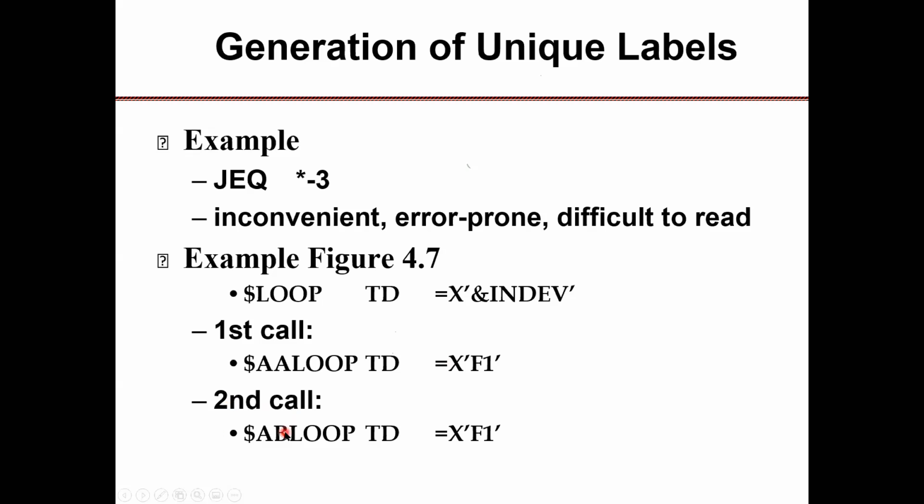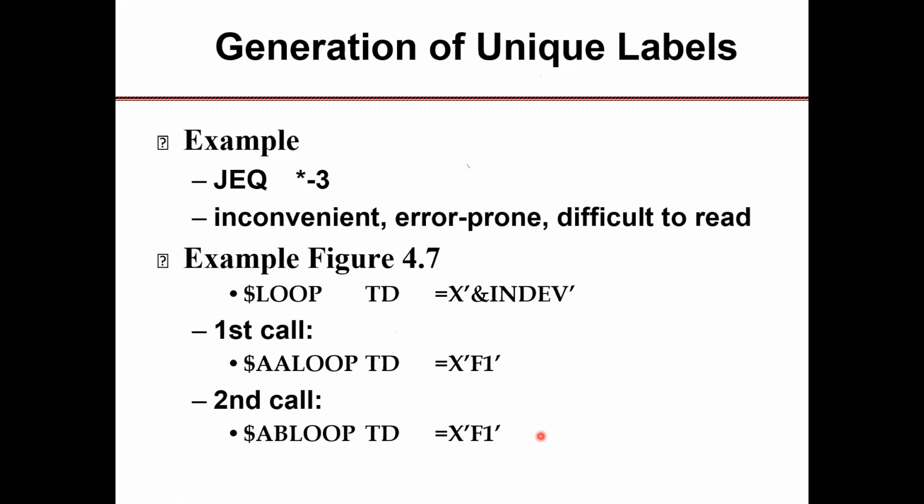So the second time it would simply increment, AA, the next one would be AB, so AB loop F1, and then so on. If you called it a third time, it would be AC loop, AD loop, and so on. And whatever parameter you passed it, we could have passed a different parameter than F1 the subsequent time, and that's what would have shown up here.